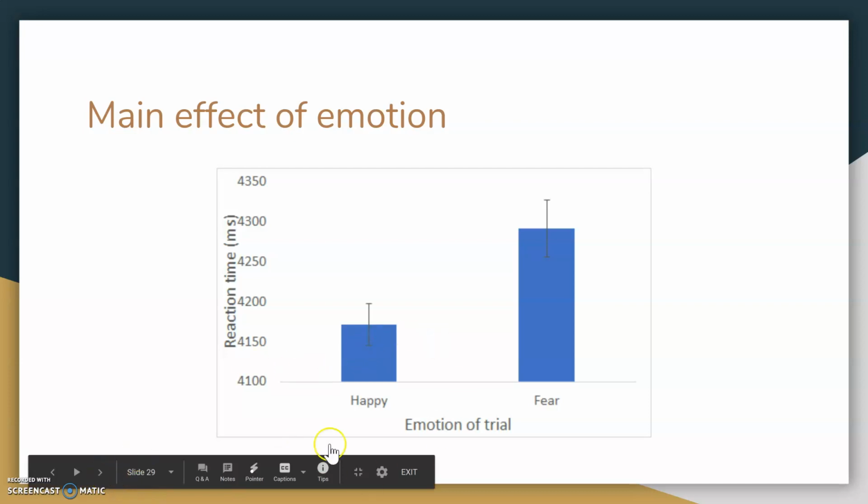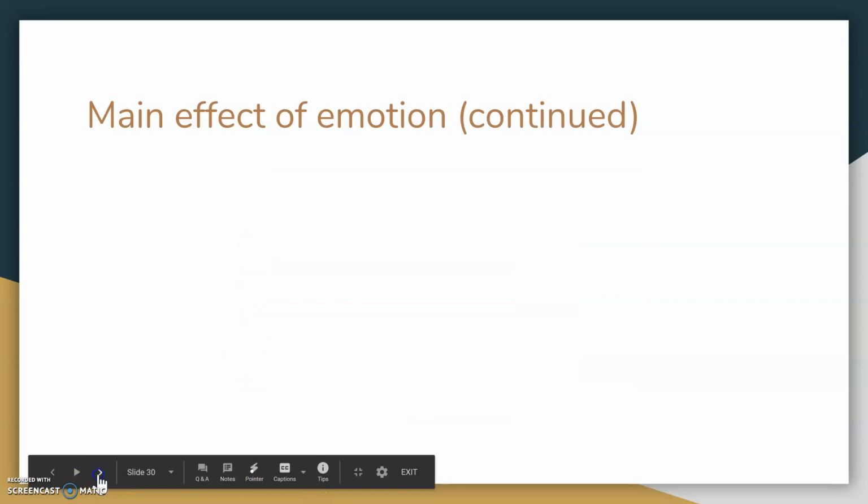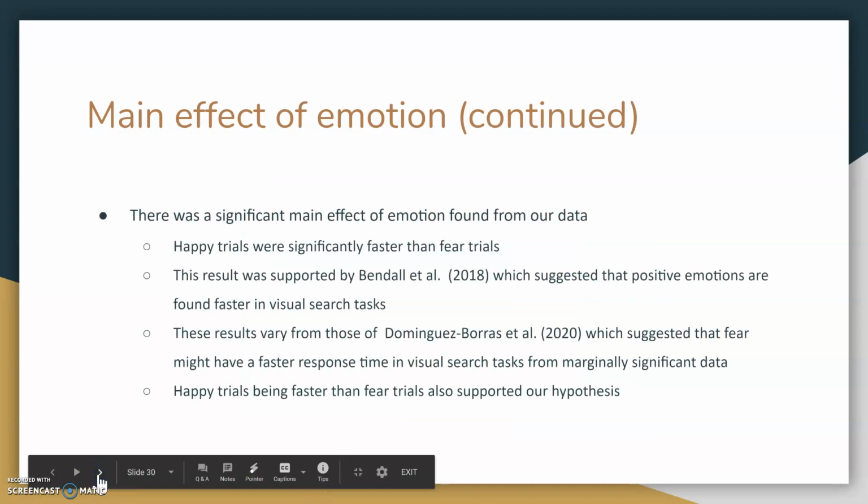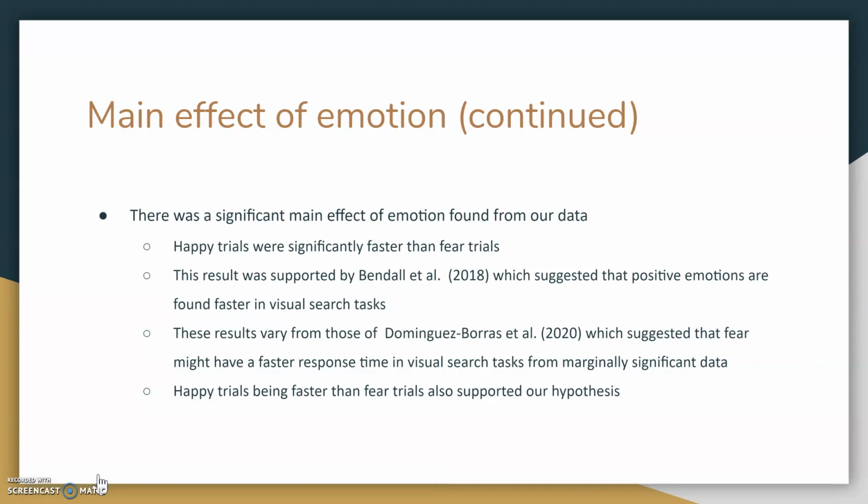Happy trials were a fair amount faster than fear trials. So this actually matched up with what our hypothesis was. We predicted that happy trials would be completed faster compared to fear-inducing trials.